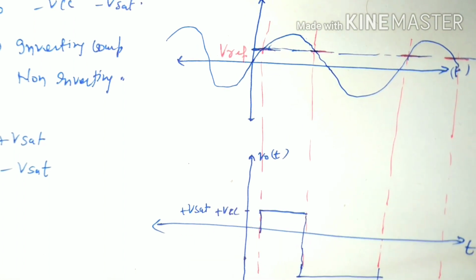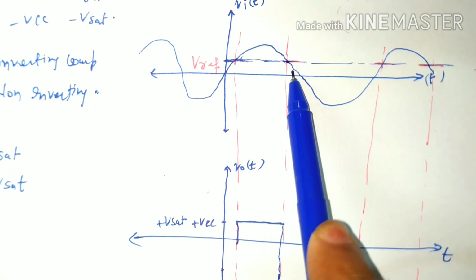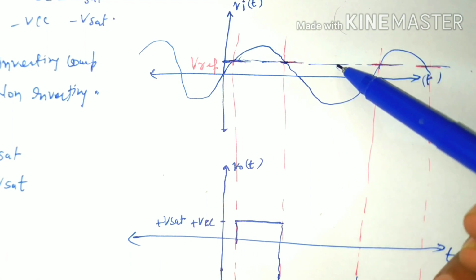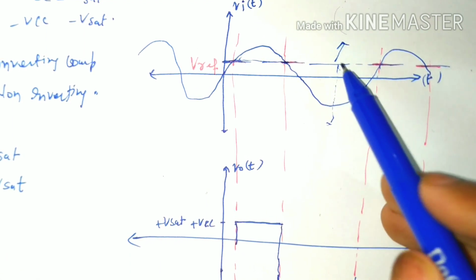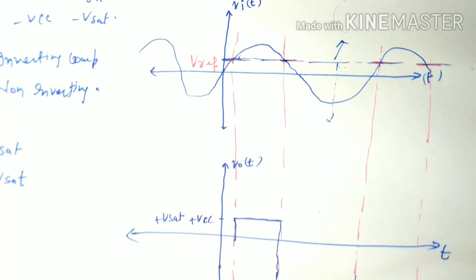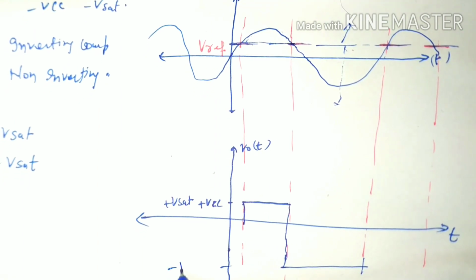And if the input voltage is less than the reference voltage, this one is the lesser part and this one is the greater part, then the output voltage, this one is the output voltage, will be minus V saturation.